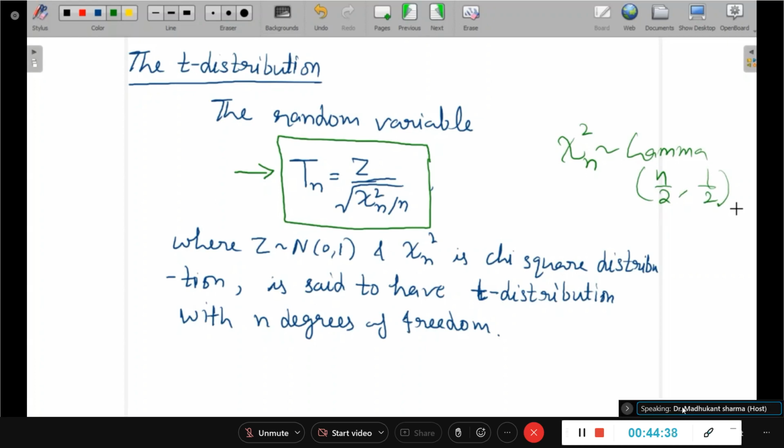So certainly you know what is the expectation of chi-n square by n. From here you can identify the expectation of chi-n square. We will go into detail on the nice properties attached to this t distribution.